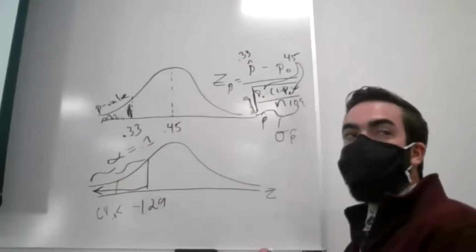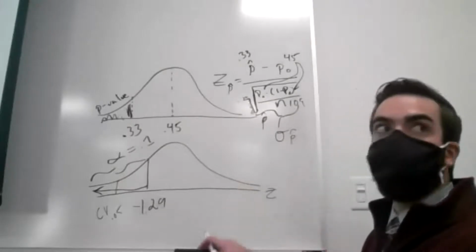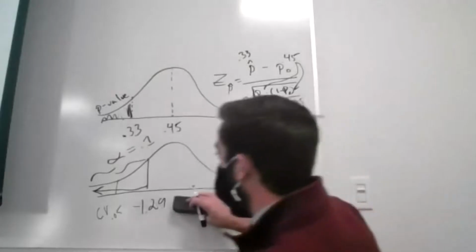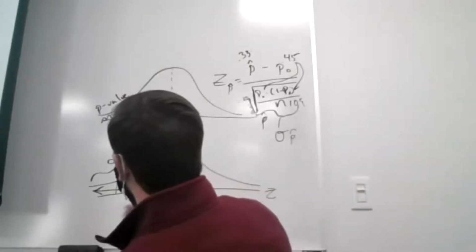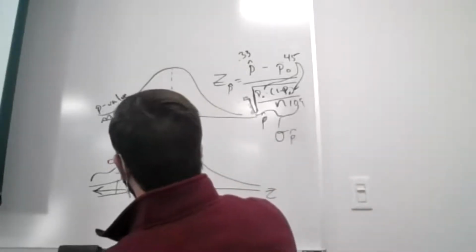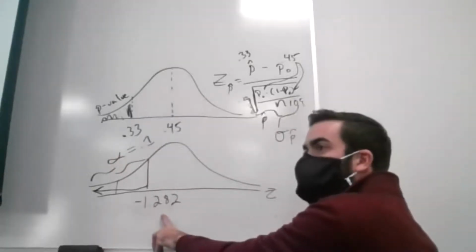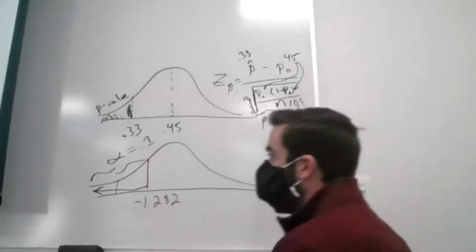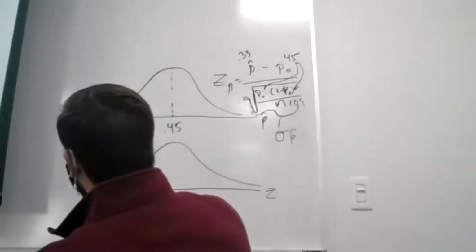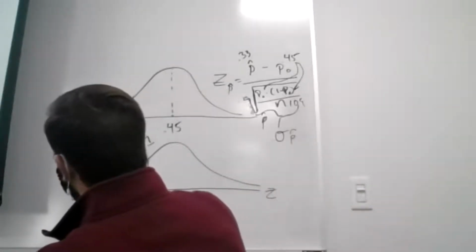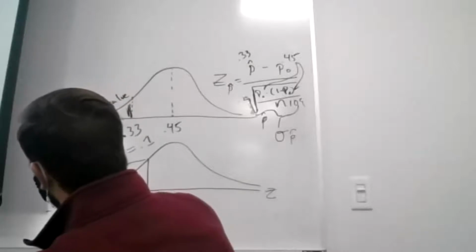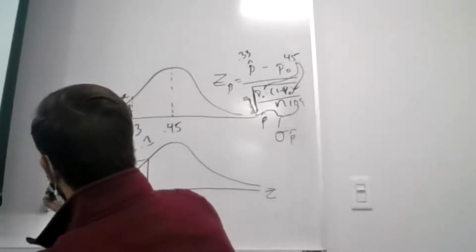But the thing is, it's a symmetric distribution, so every value that we see that was positive, the same thing would be true about the left side of the distribution, just that they would all be negative. So we get negative 1.282, negative 1.645, and negative 2.326, right?